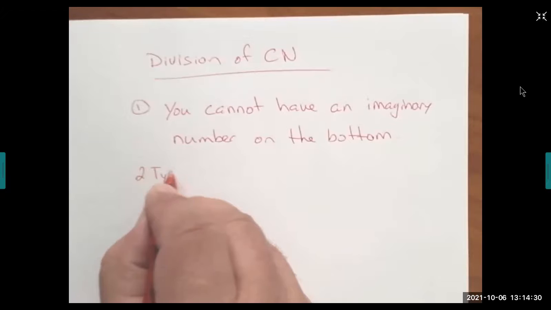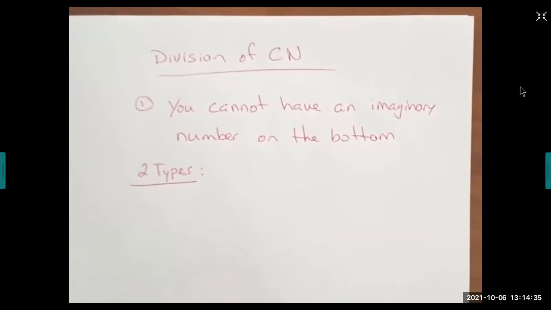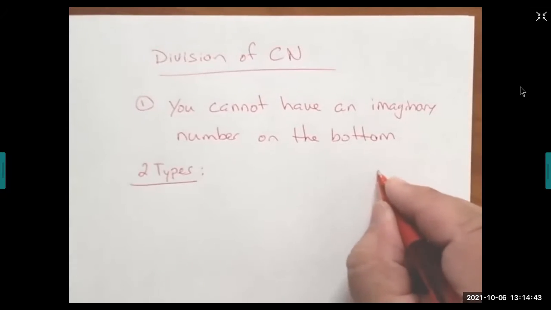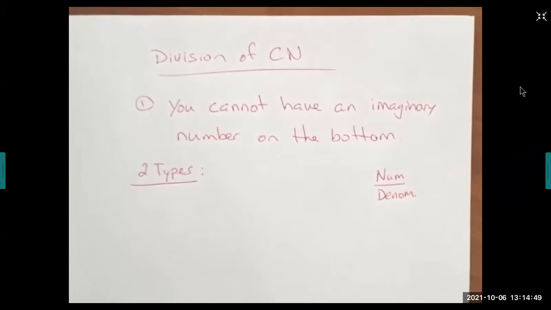We have two types. Remember, in a fraction, the numerator is on top, and the denominator is on the bottom. That's what they're called.